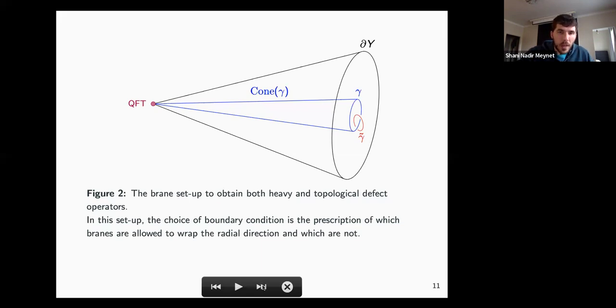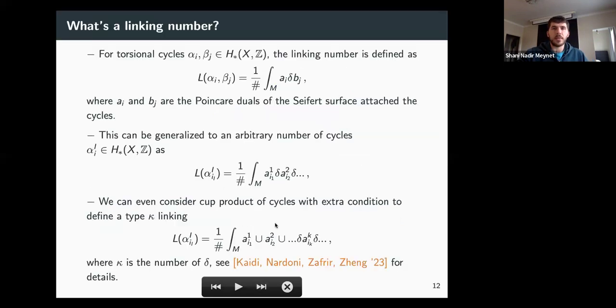Is there a formal way to describe what a linking is? And the answer is yes. A linking can be described in terms of torsional cycles. If I have some torsional or non-torsional cycles in a certain manifold, I can describe their linking through this quantity. This is a topological invariant quantity that depends not on the cycles, not on their Poincare dual, but on the Poincare dual of the Seifert surface.